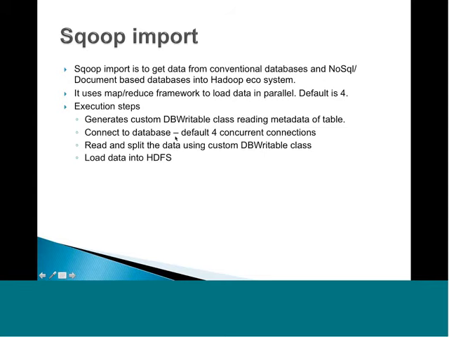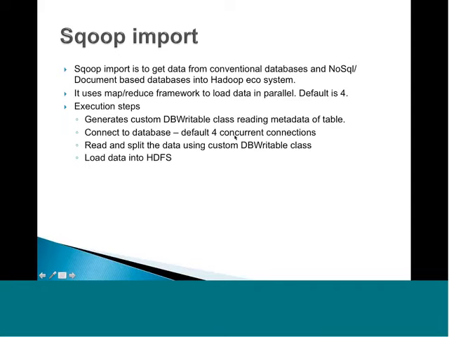Then it will connect to the database. So it will actually connect to the database twice. First it will connect to the database to get the metadata of the table, and it will generate this DB writable class. And then there will be 4 connections to the database, as the default number of mappers is 4.